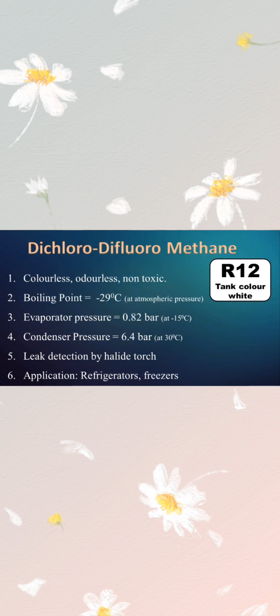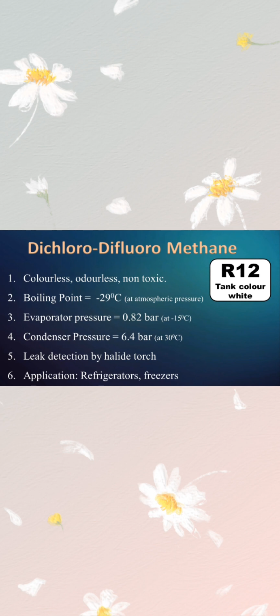Next, R12, difluoromethane. It is colorless, odorless, non-toxic, non-corrosive, non-flammable, and it was very popular in the HVAC industry. Boiling point of R12 is minus 29 degrees Celsius with evaporator pressure of 0.82 bar and condenser pressure of 6.4 bar.